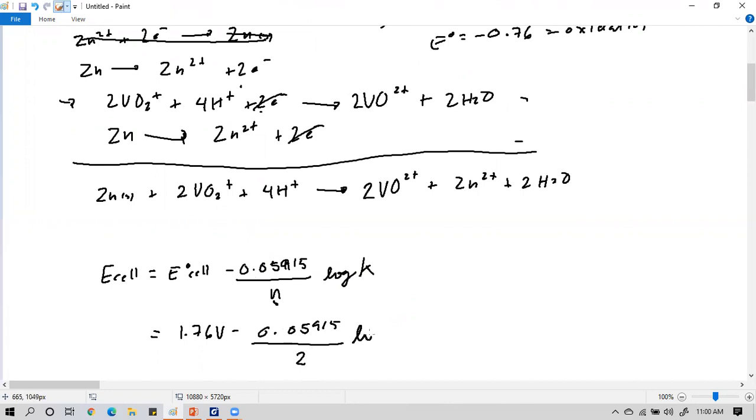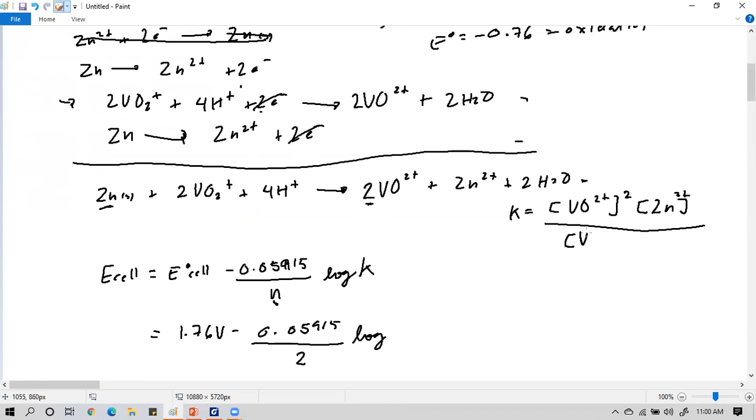And then what is the equilibrium expression for this reaction, di ba? So product all over reactant. So ito ay K equals VO2 positive squared, kasi coefficient ng 2, times the concentration of zinc 2 positive, all over the zinc solid. Si zinc solid is excluded in the equilibrium.